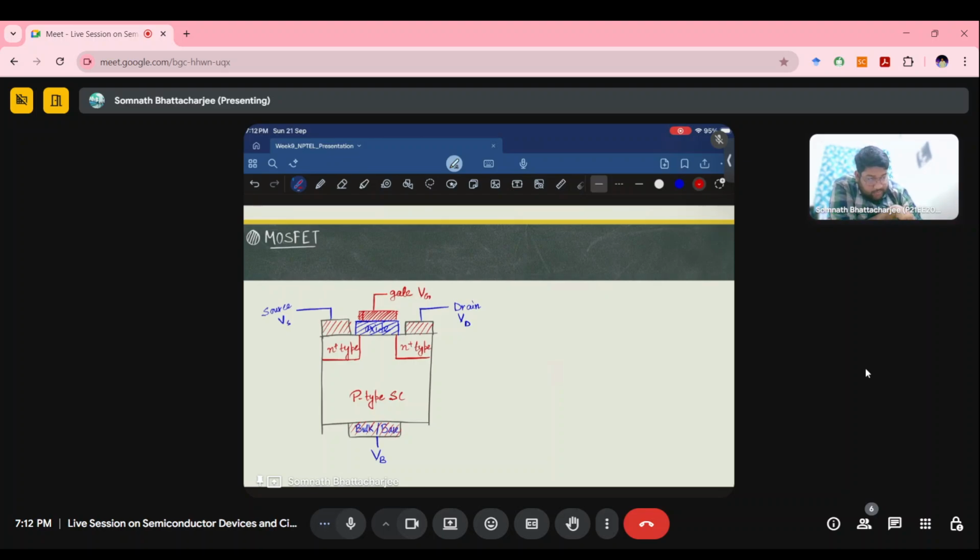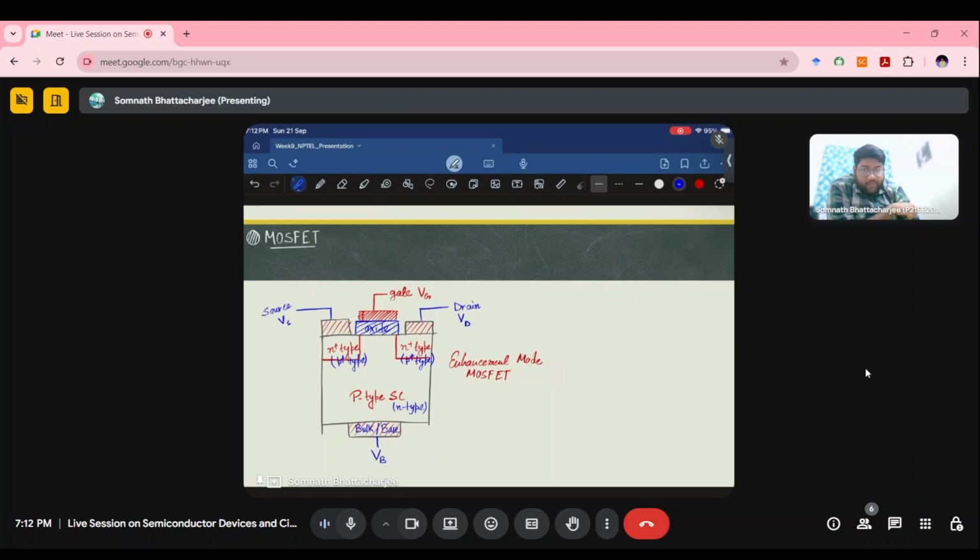So this is a basic enhancement mode MOSFET. For different types of MOS, it will be changed with N type, whereas these parts will become P plus types. This one will also be P plus type.